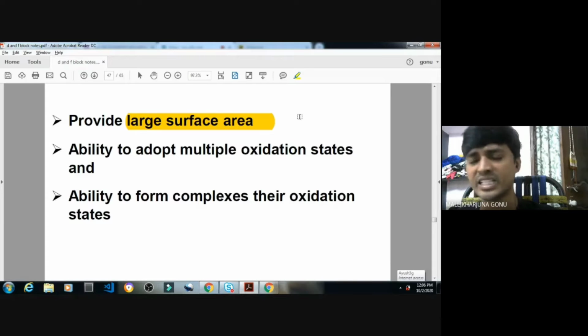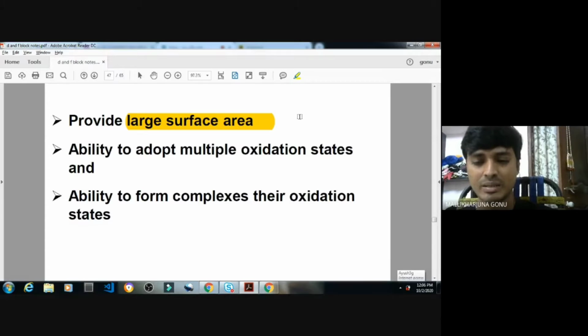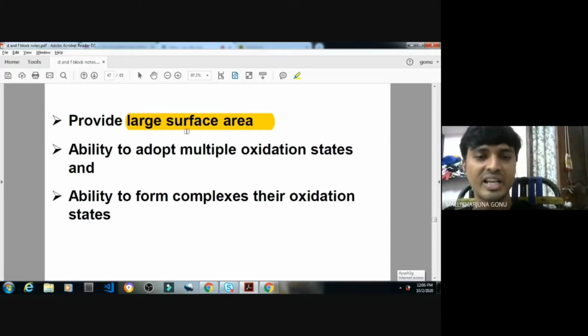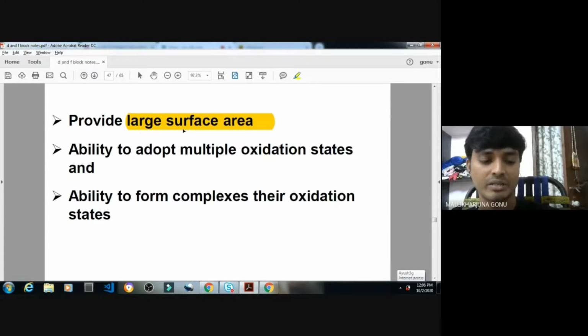In reduction reactions, molecules of alkenes and hydrogen can sit there, and both will react. They will ask you in the examination what the reason is for the catalytic properties of the D block elements. The reasons are: they provide large surface area, and have the ability to adopt multiple oxidation states.